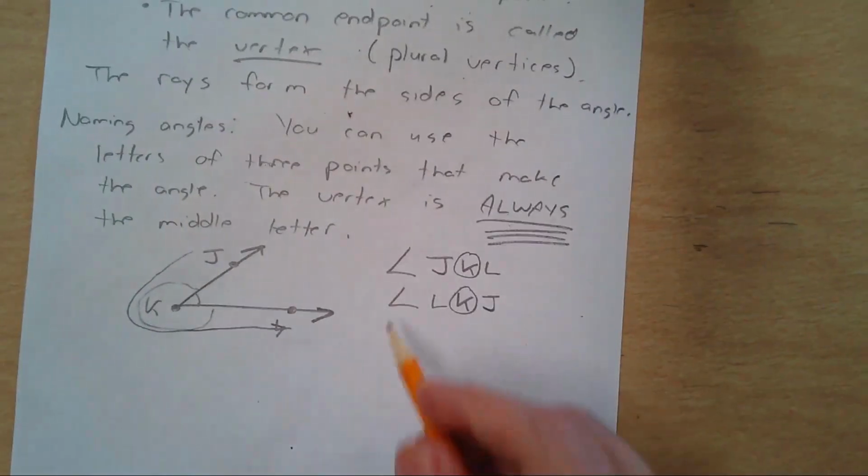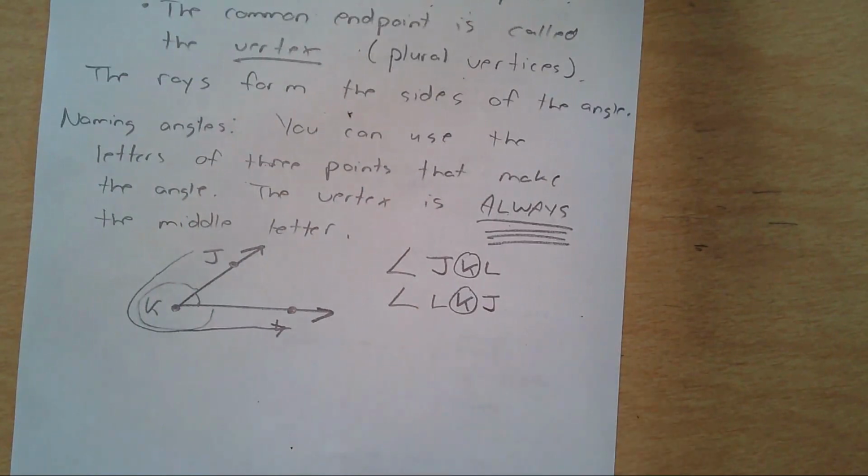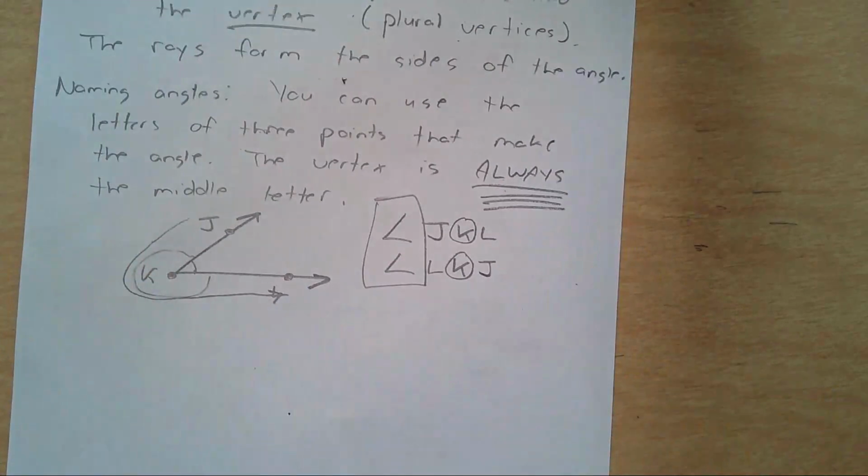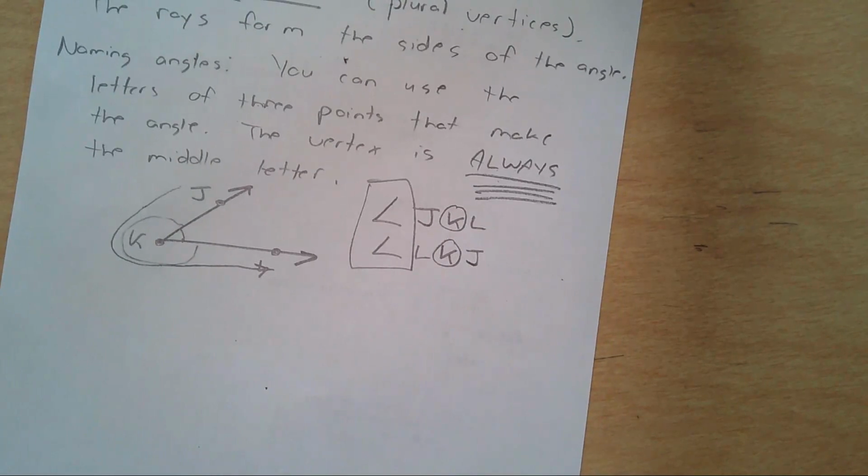You will see this symbol a lot, all over the place. You will see it a ton in these next two chapters, this symbol right here, the angle symbol. So you need to understand what it is, and you need to understand, if I put this all out here, what are we talking about? Okay.